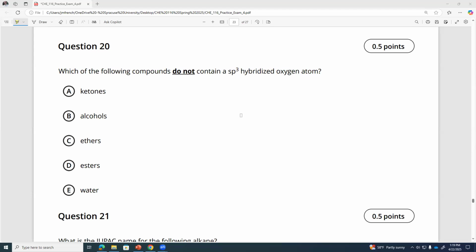So if we look at a ketone, we've got a carbon-oxygen double bond. An alcohol, we've got carbon, oxygen, hydrogen. An ether, we've got carbon, oxygen, carbon.